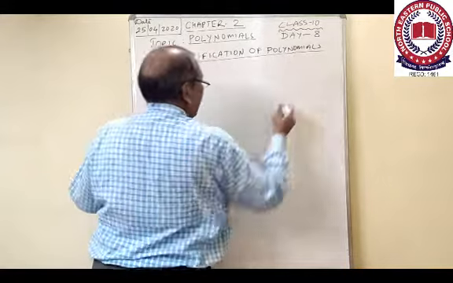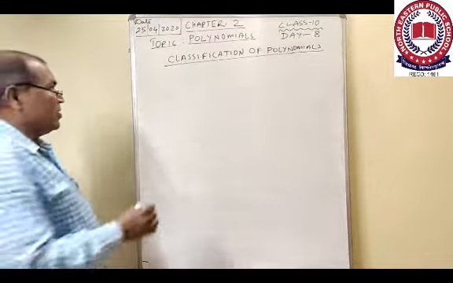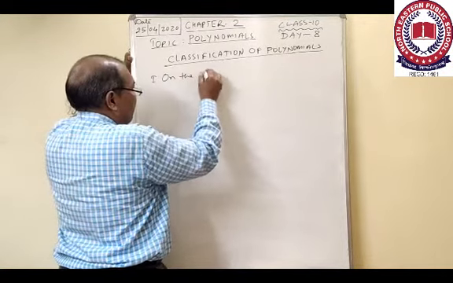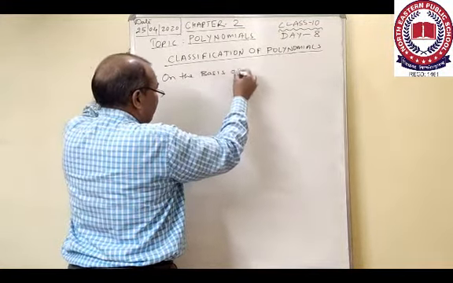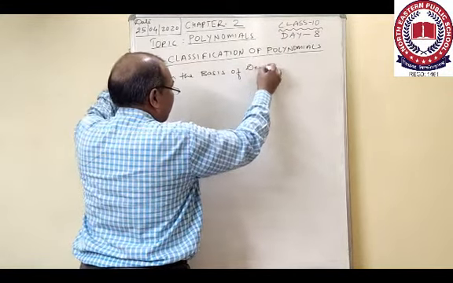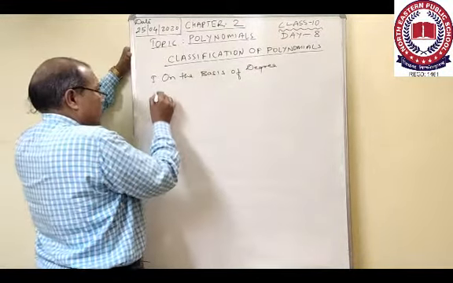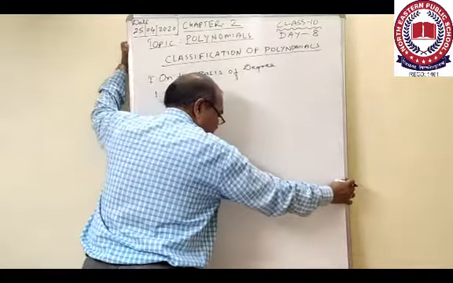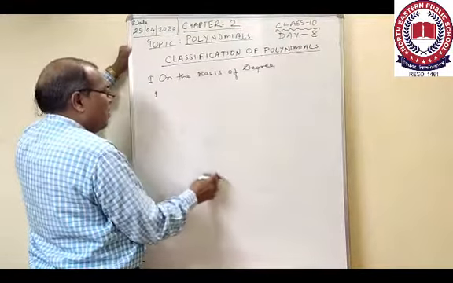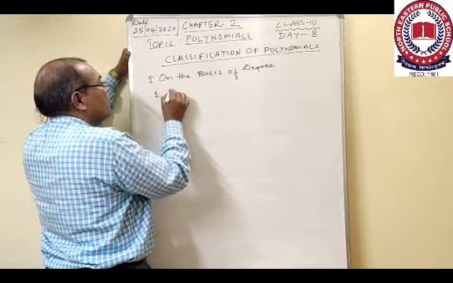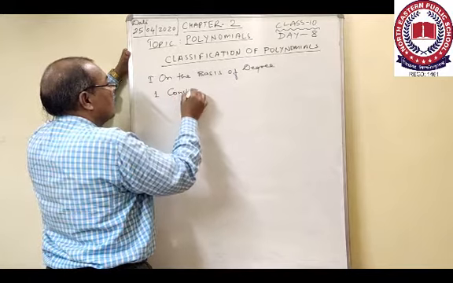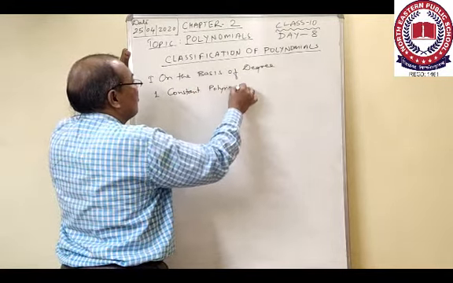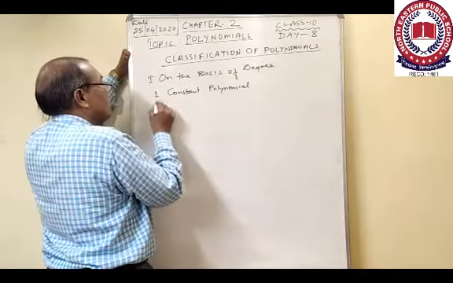Classification of polynomials. First, on the basis of degree. Number one, on the basis of degree, the first type is constant polynomial.